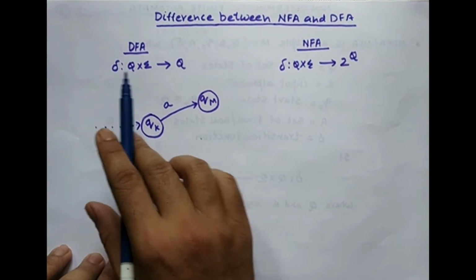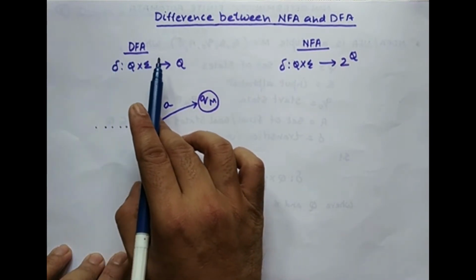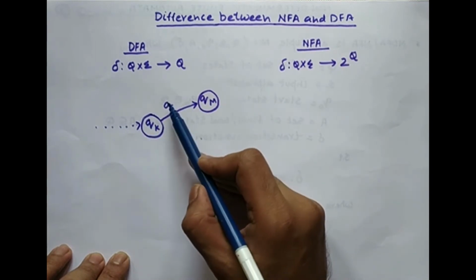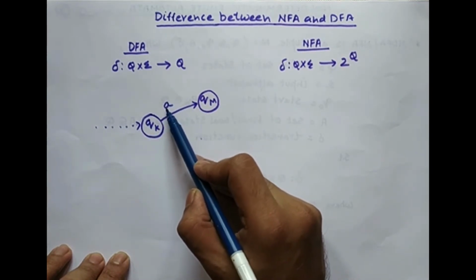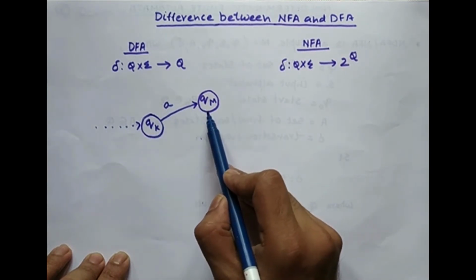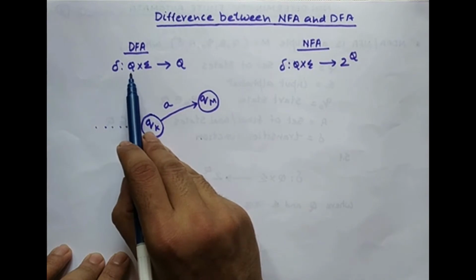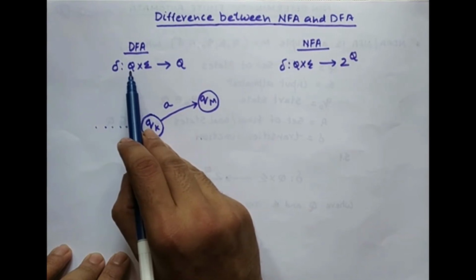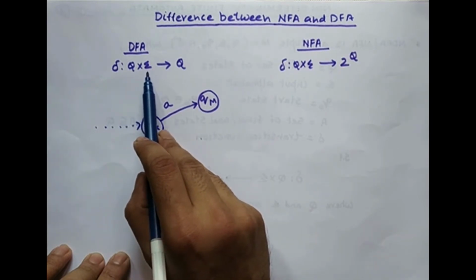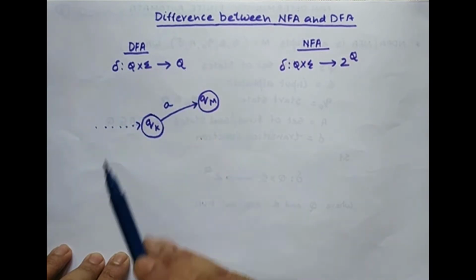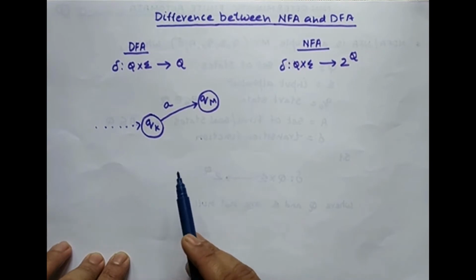So the automaton is called a deterministic finite automaton if from a particular state, on reading one particular input, say a, you go to exactly one unique state and no more states. That's why from any state small q from Q, on reading any input from sigma, the automaton goes to exactly one unique state from the set of states Q.